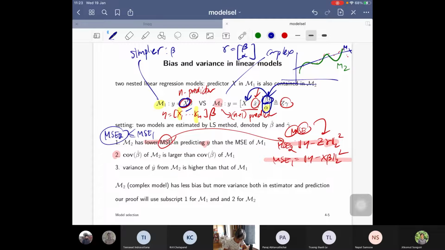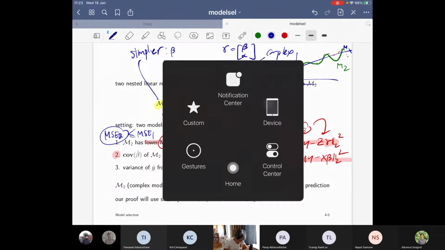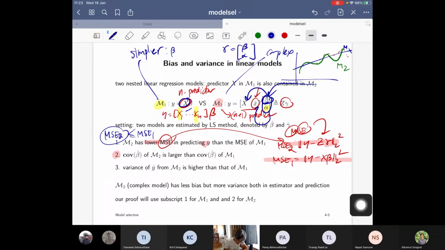But it has a second element, alpha, that corresponds to x tilde. If I need to be specific, let me put a tilde here, because beta in gamma is not the same as beta in M1.